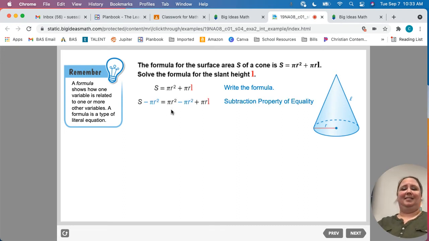So minus pi r squared to move it over here. So you see now I have S minus pi r squared equals the stuff we have left over. Everybody have that? Any questions so far? We've done one step.